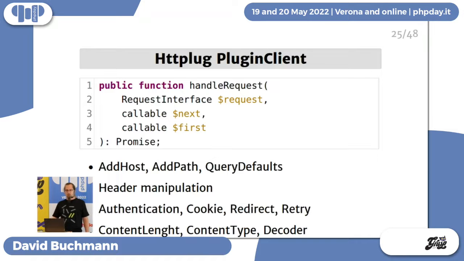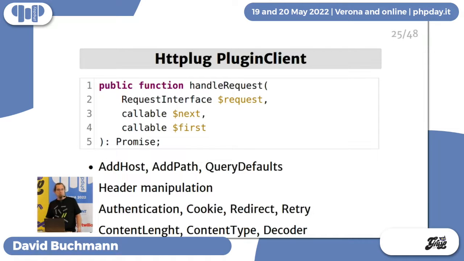And then there is a whole bunch of plugins that we already implemented for common tasks, like adding the host name to the request if there is no host name yet, where you would just say, by default, if there isn't a host name, just add this host. Or adding a path or a path prefix, query defaults, where it checks is that query parameter set by the request. If not, I add it.